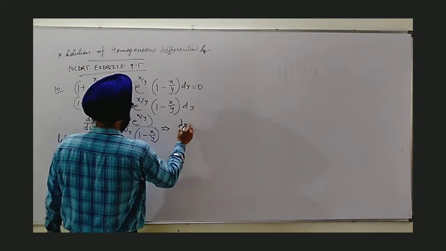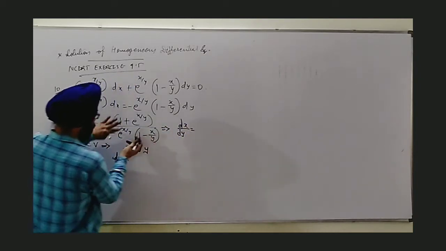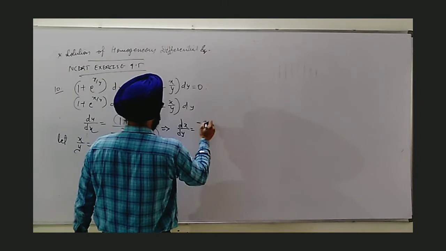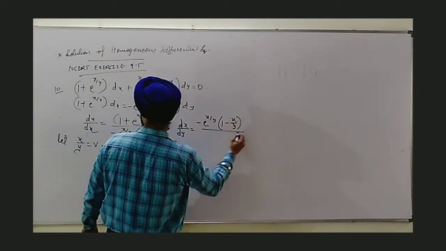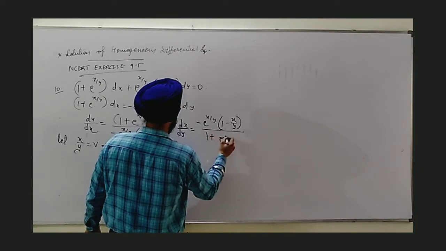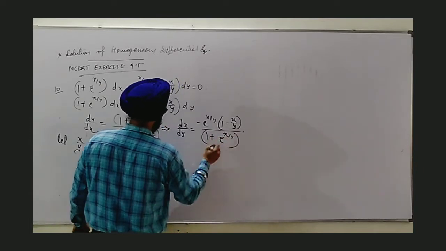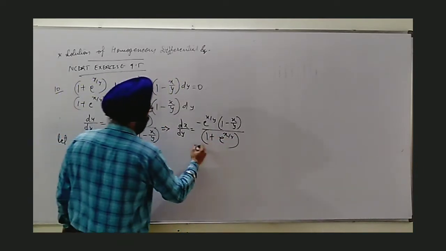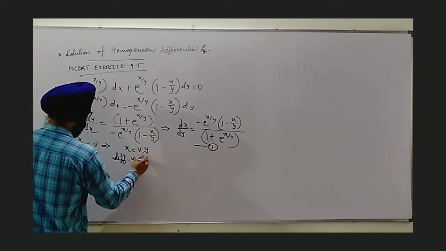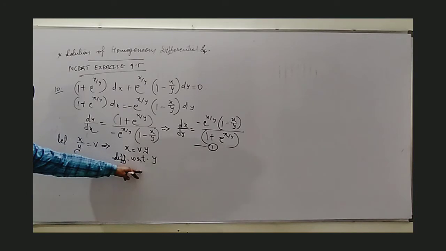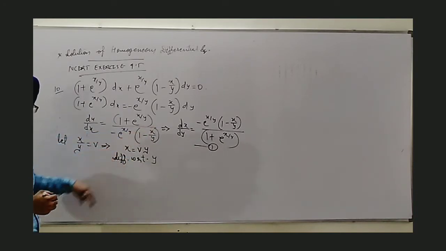This implies dx upon dy can be written as the inverted form of the function, (1 minus x upon y) upon (1 plus e to the power x upon y). This way, now this you can consider to be equation 1. Here we differentiate with respect to y, because I need dx upon dy.